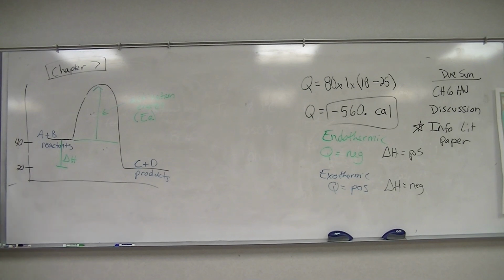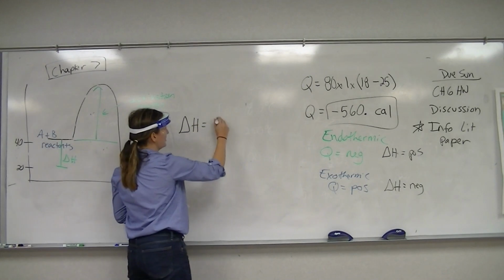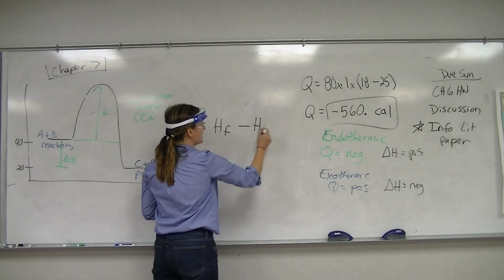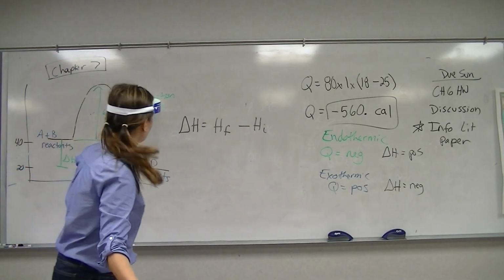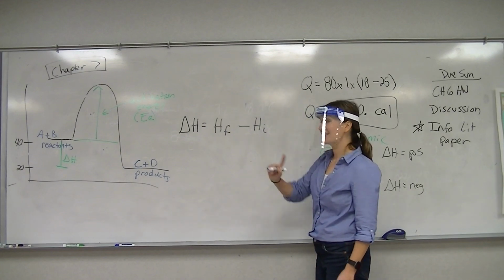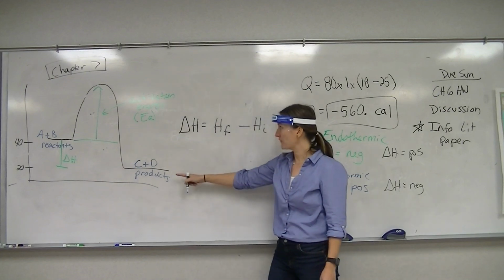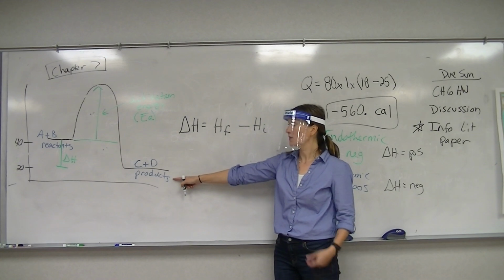So, what is the definition of delta H? We said it was the final minus the initial. It's going to be 20. But is it going to be positive or negative? Is our final the reactants or is our final the products? The products are the final.